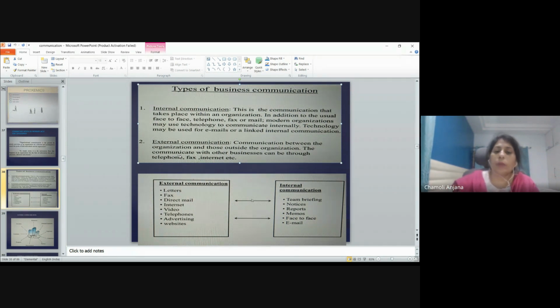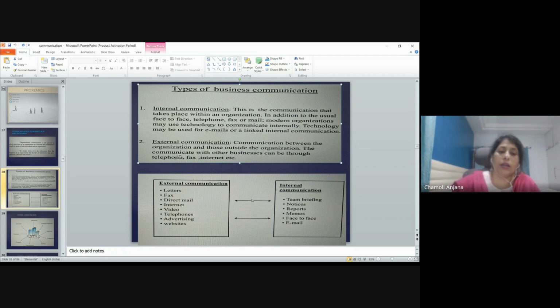These parties with which the organization constantly communicates to achieve its goals include customers, competitors, government agencies, banks, financial institutions, buyers, suppliers, society, and shareholders.